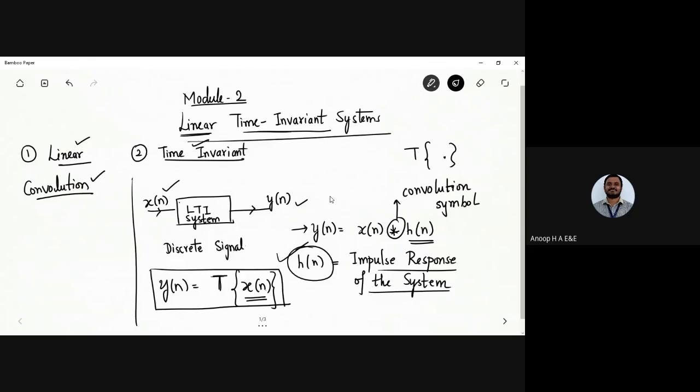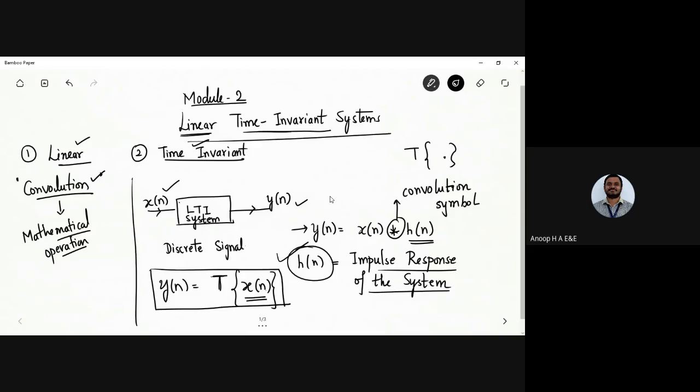A new word has popped up here, convolution. I hope you have heard it in your previous semesters also. The term convolution is a mathematical operation that is performed on two signals.